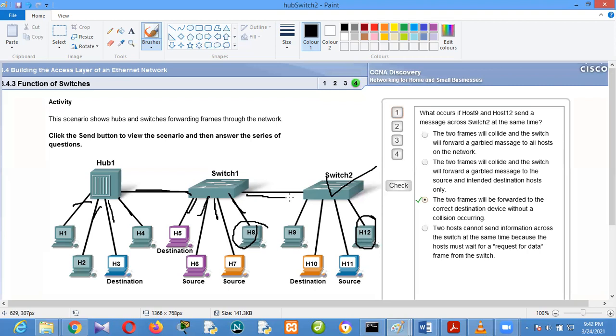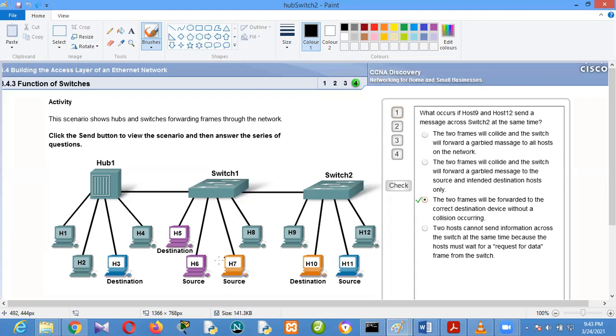And when it gets here, switch two already knows who H12 is. It will just respond that H12 is so and so. So a switch only floods when it does not have the record in the ARP table. If it has, it will just respond and give the address of who owns it.